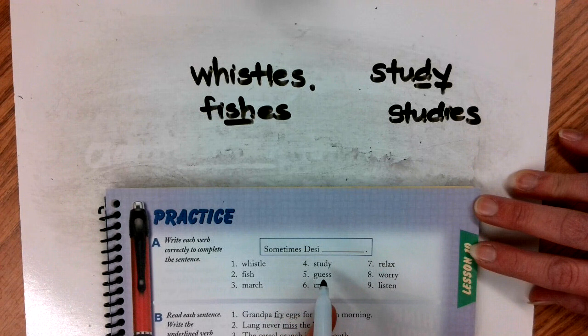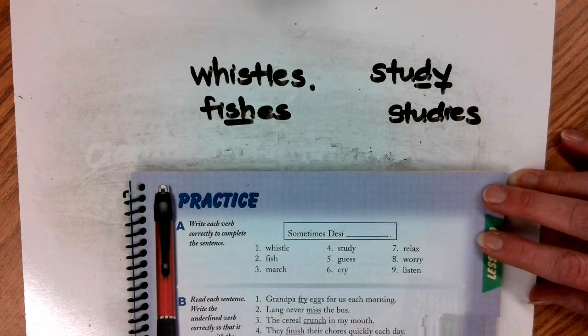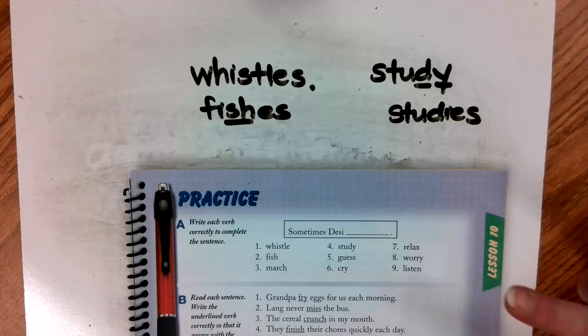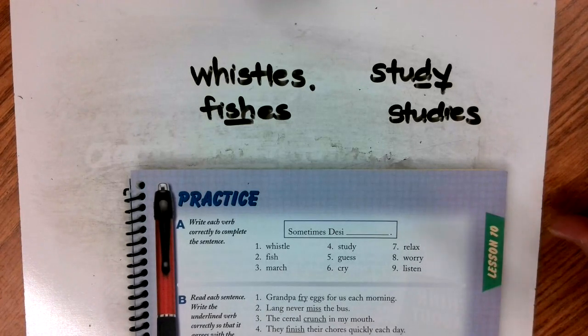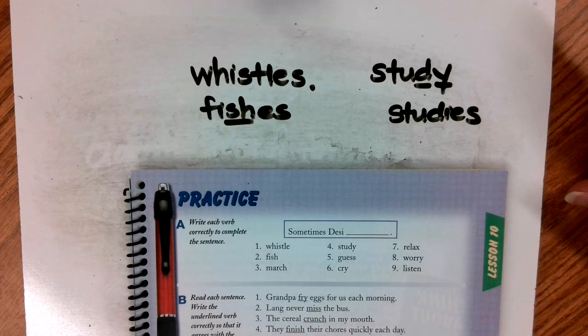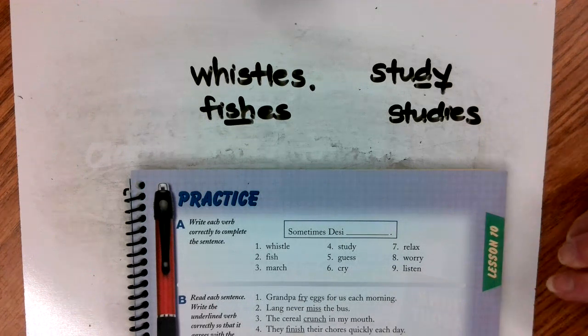Guess becomes guesses. Cry becomes cries, and so on. So sometimes you're just putting an S on. Sometimes you're putting an ES on, and then sometimes you have to change the Y to an I and add ES.